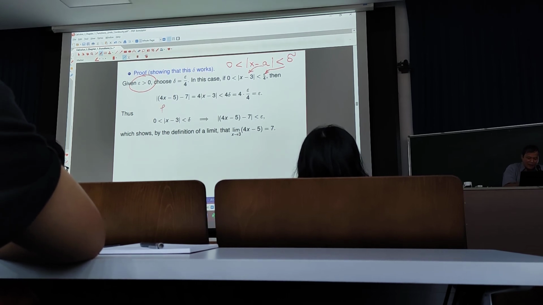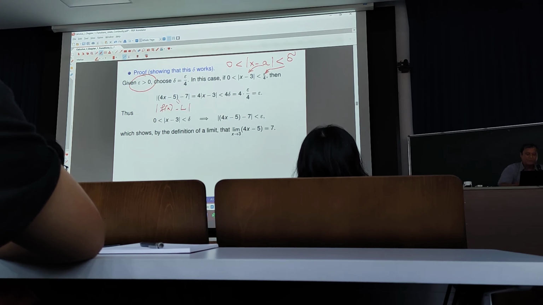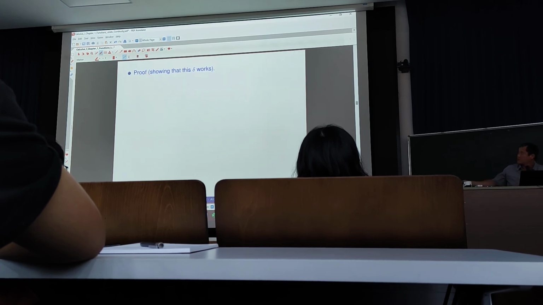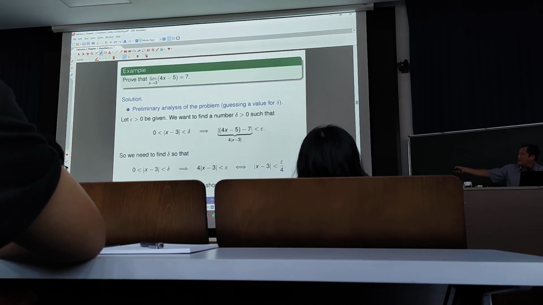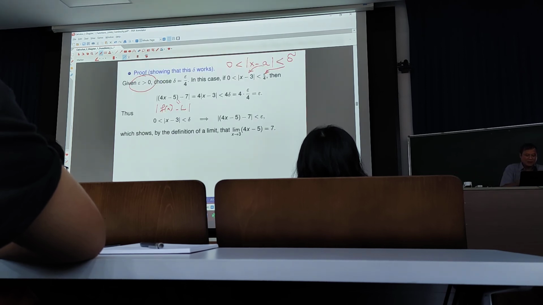Then f(x) minus L here is 4x minus 5 minus 7. Your f(x) is 4x minus 5, right? So then f(x) minus L is written in the form of 4 times the modulus of x minus 3. This is the absolute value function.